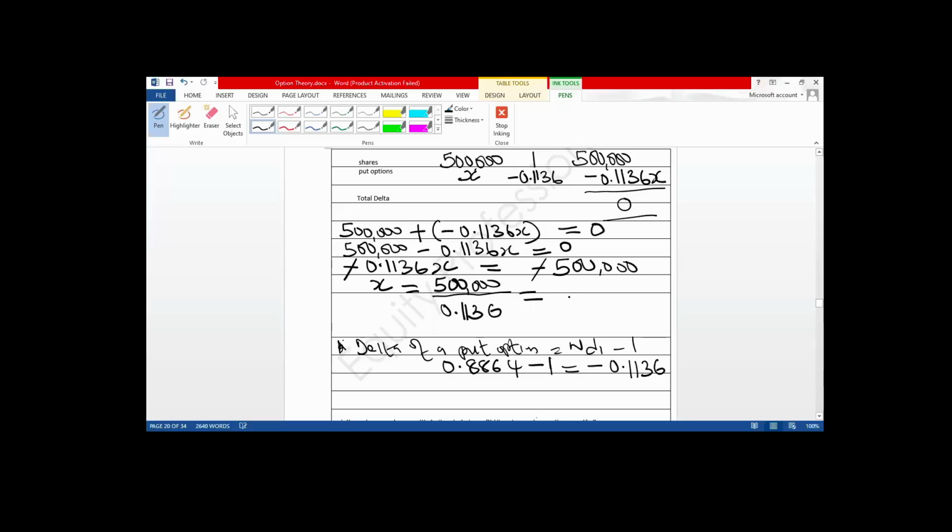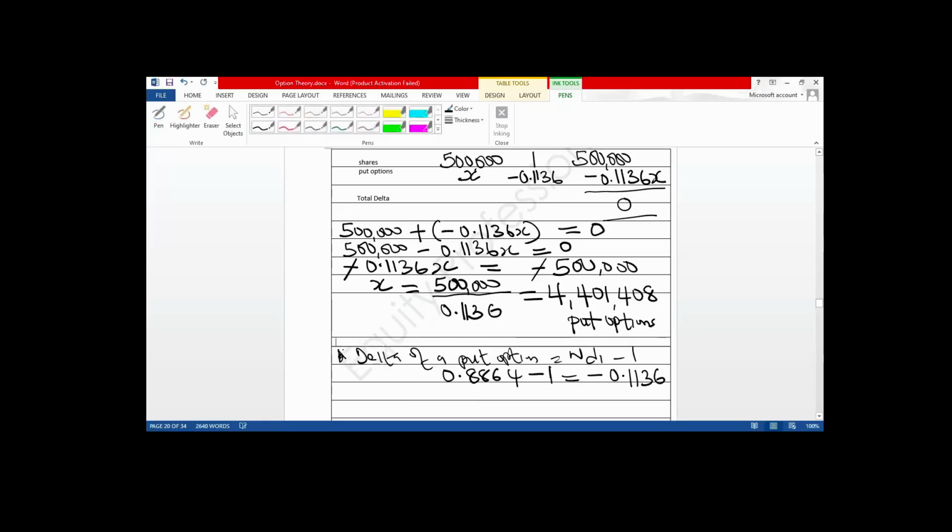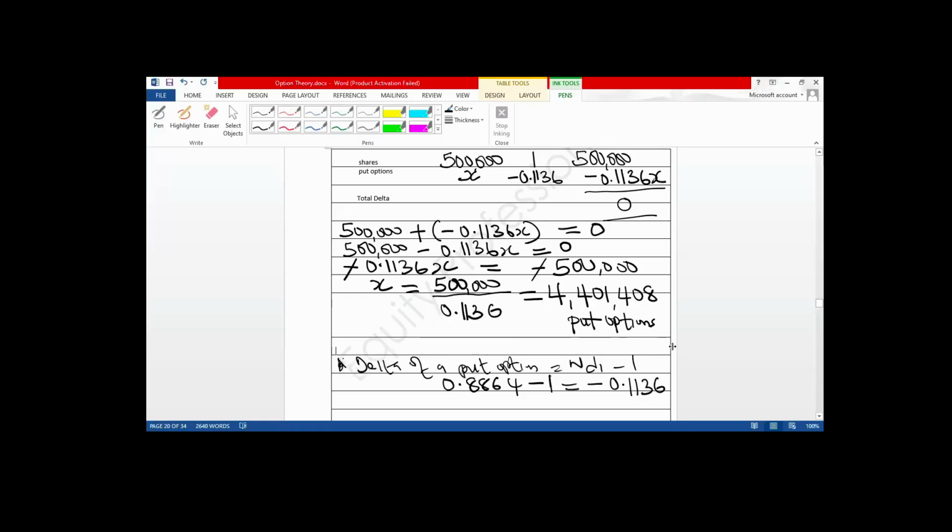Please work this out. 4,401,408. That is the number of put options needed. That is the number of put options needed for a proper hedge.